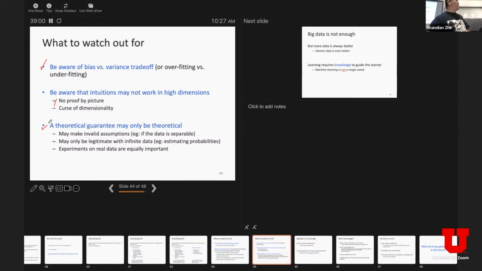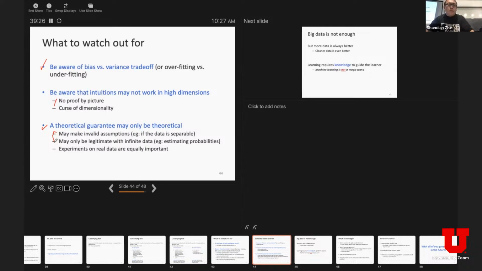And the third one, don't trust too much in theory. That's kind of interesting. Theory helps us have a different understanding of the structure and behavior of models, but in practice, you cannot use theory as a Bible. For complicated applications or problems in practice, no theory can tell you everything, right?